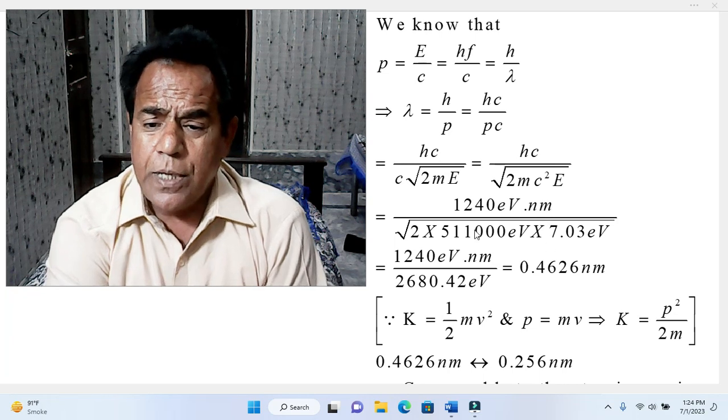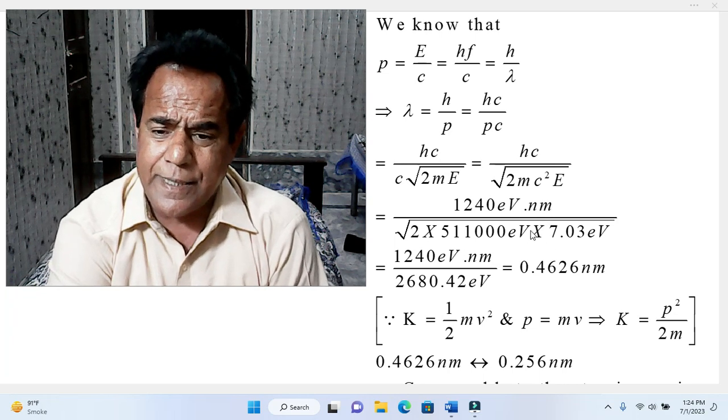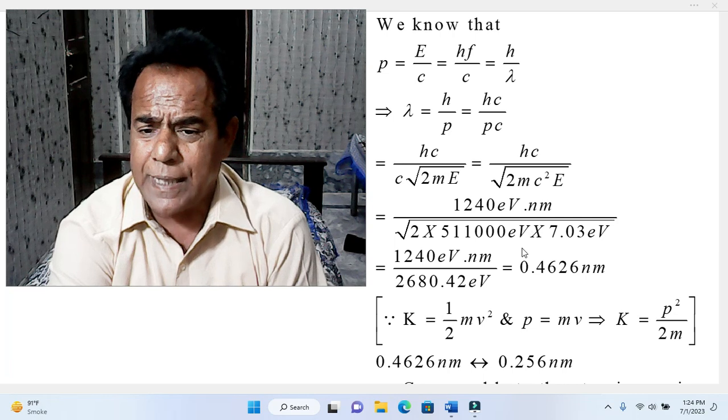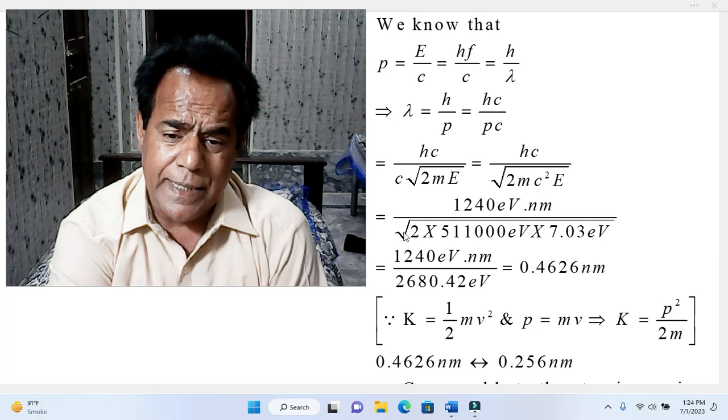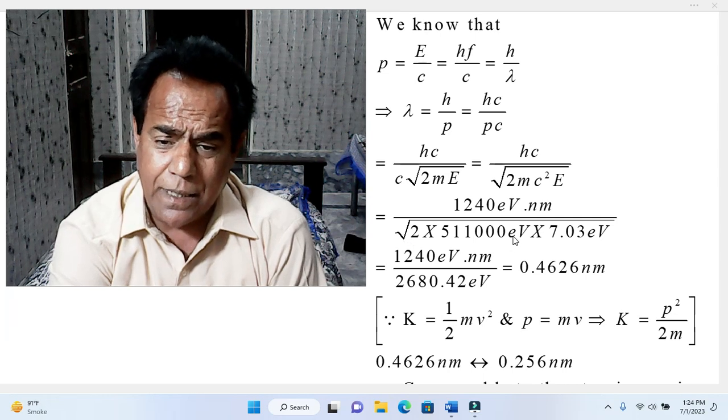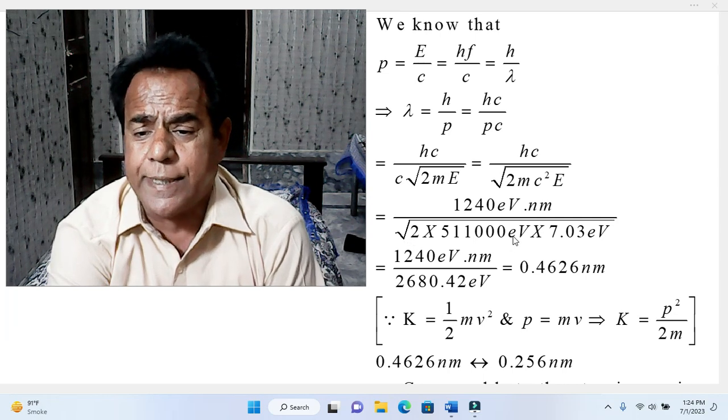Next, this is just simplification. Dear students, we can see that within the under root sign, electron volt is coming twice.